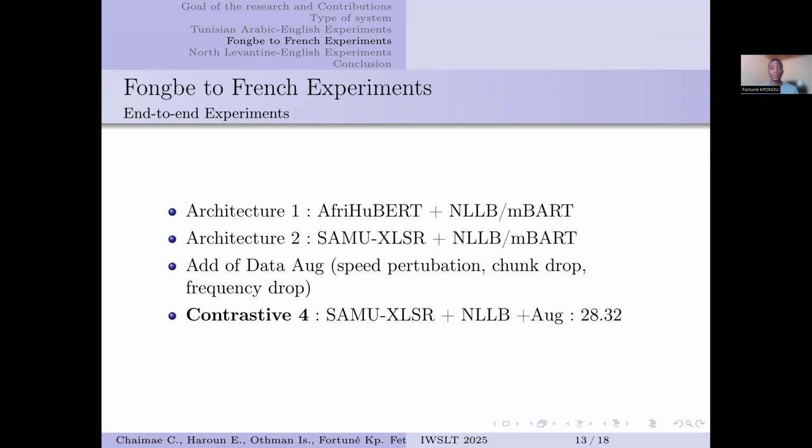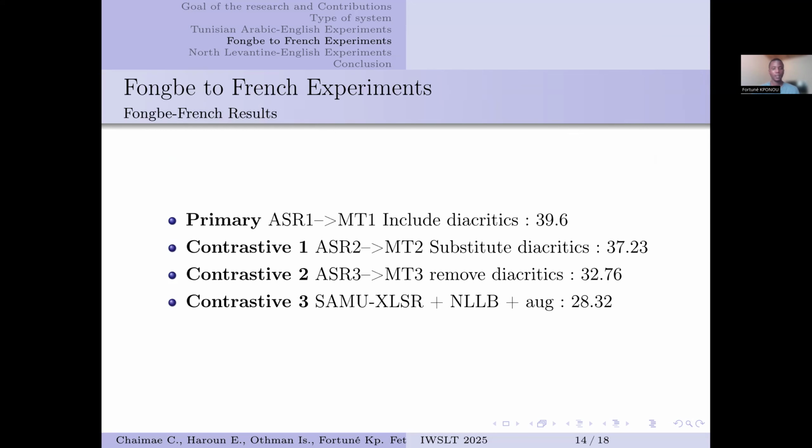The same set that we use here, we fine-tune it by using our own data, the Fongbé audio and the translation in French. Overall, we obtained the primary system, which is a cascade system, the contrastive 1 and contrastive 2, which are also cascade systems, and the contrastive 3 system, which is an end-to-end system.